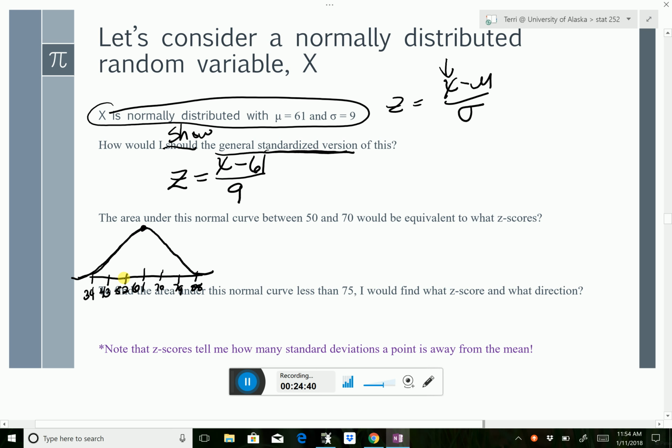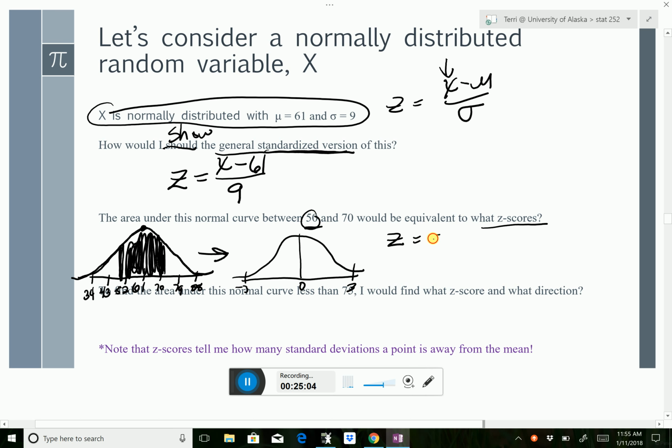Okay, so 50 to 70. So we're looking at somewhere in here to here. So we're looking at this area right here. And that corresponds to what z-scores. So we need to find what these are going to be. So this corresponds to the area under the standard normal. Here's the standard normal, 0, -3, +3. So let's standardize this. Z is 50 minus 61 over 9, which is -11 over 9.